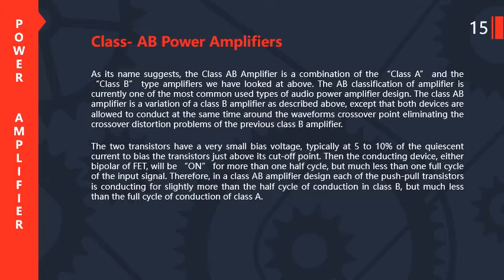Therefore, in class AB amplifier design, each of the push-pull transistors is conducting for slightly more than the half cycle of the conduction in class B, but much less than the full cycle of the conduction of class A.